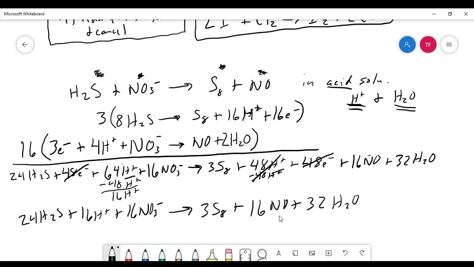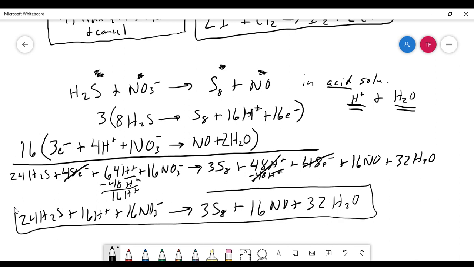So all the elements balance. Does the charge balance? 16 positive plus 16 negative? Yep, that's 0, and there's no charge over here. So this is our final balanced redox equation by using the method of balancing the half reactions and adding them together.